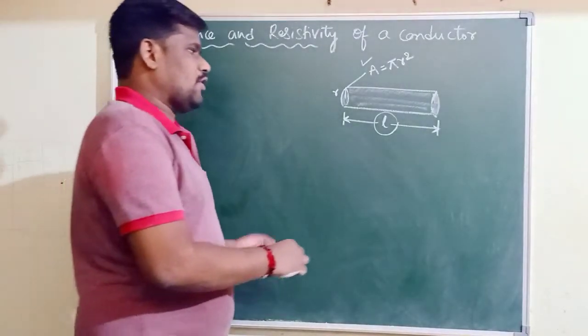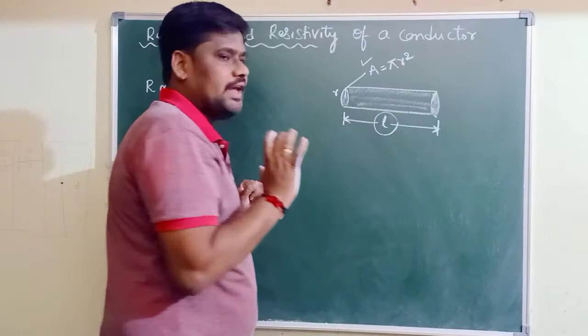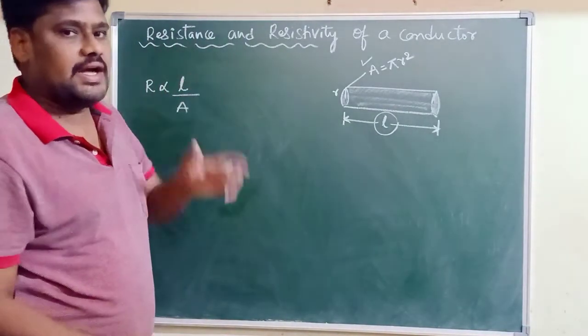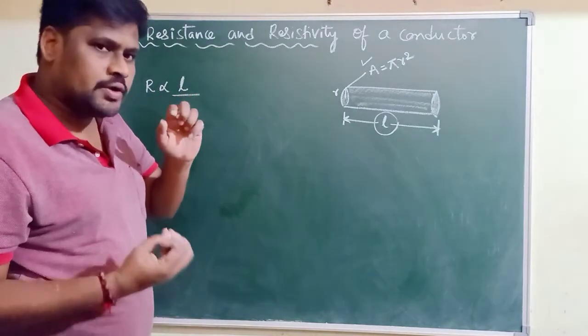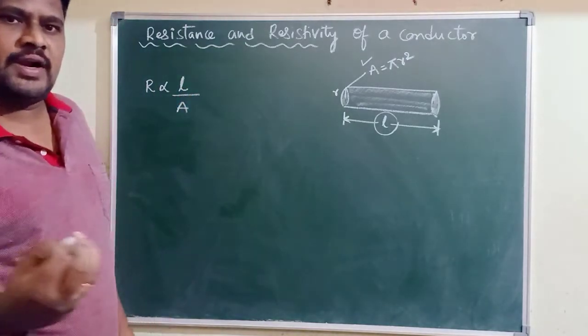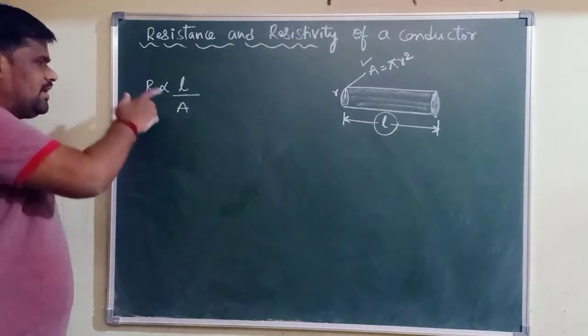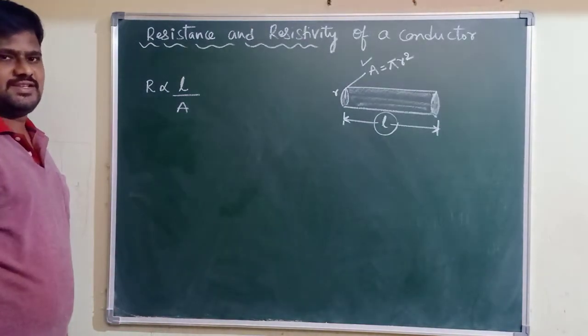So the area of cross section is directly related to thickness. If a conductor is thicker, then definitely it is going to have more area of cross section. Then it is going to have what? Less resistance.